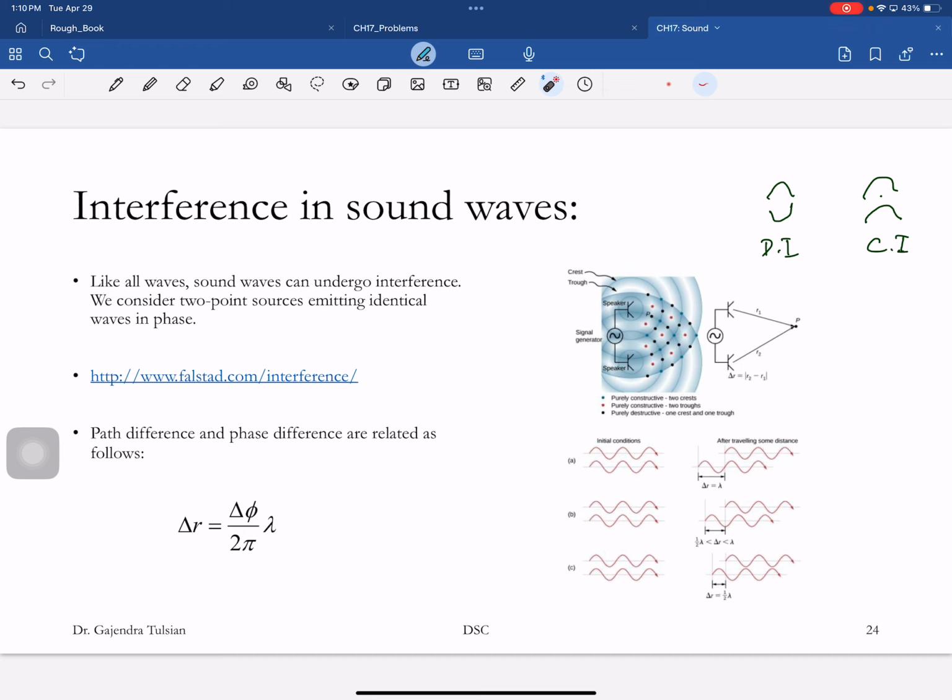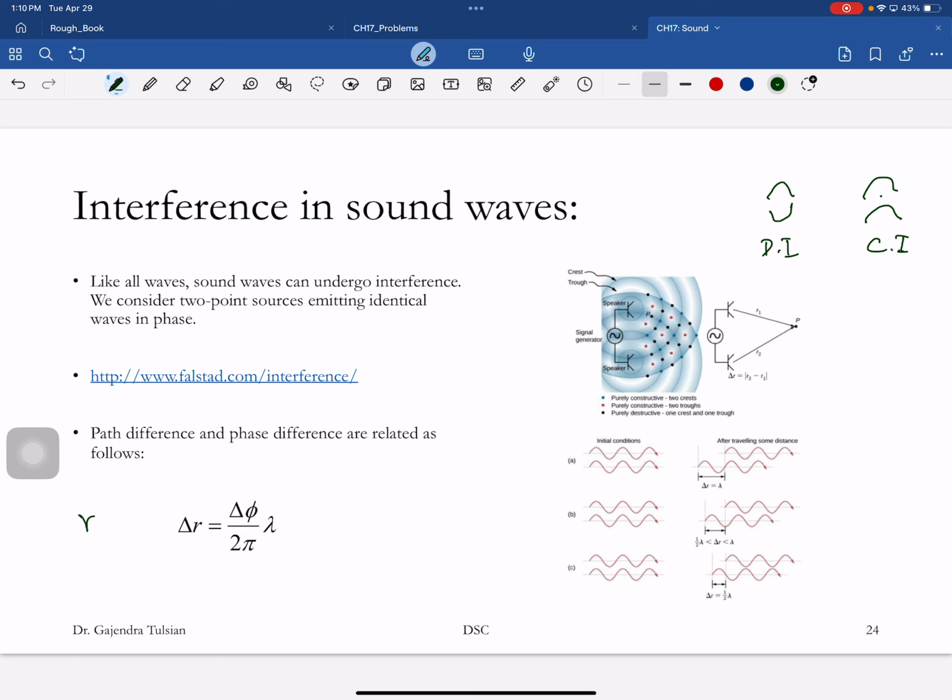So the interference you'll get will depend on this. There's the distance that this wave traveled, there's the distance this wave traveled, and this is assuming they start with the same phase, they're starting in similar fashion. If this started with a crest, this one is starting with a crest. This is the path difference, the difference between this distance and that distance.